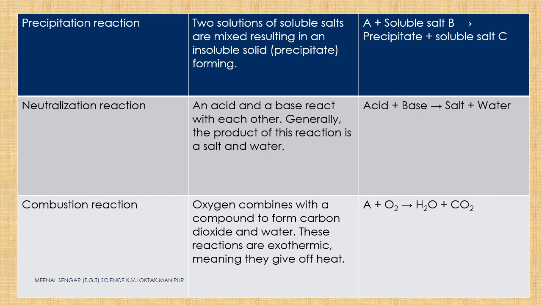जब precipitate वहाँ पे बनता है. What is a precipitate? Two solutions of a soluble salt are mixed resulting in an insoluble solid. जब भी हम दो soluble substance को मिलाते हैं और अगर कोई insoluble substance उसमें से extract हो जाता है तब उस insoluble substance को हम कहते हैं precipitate. जैसे A में अगर हमने कोई salt मिलाया B, तो अगर हमारे पास जो precipitate बना और soluble salt हमें C obtain हुआ.